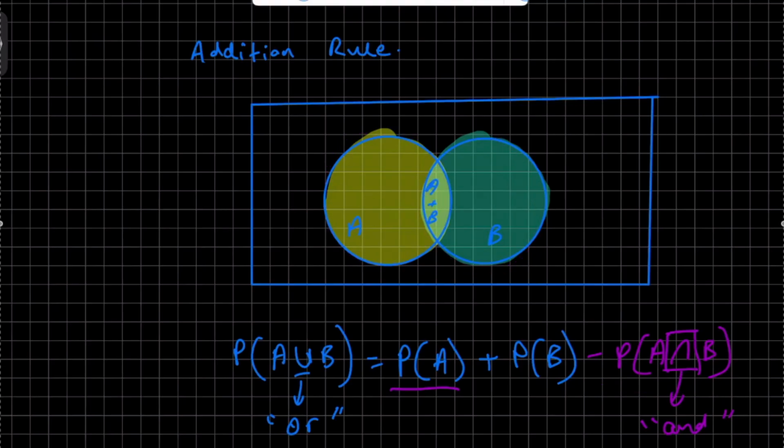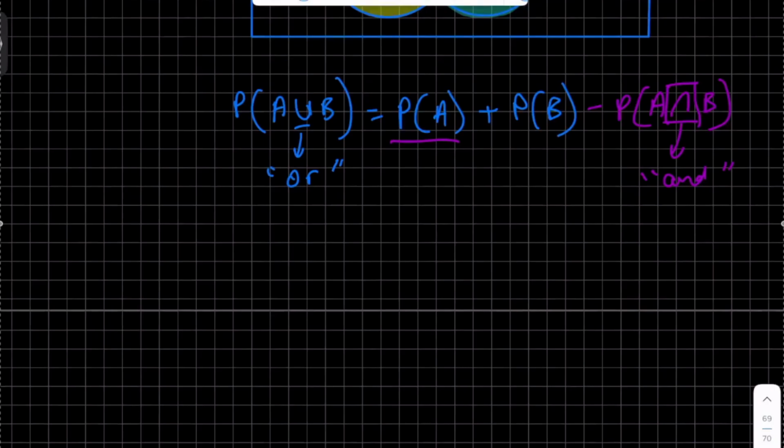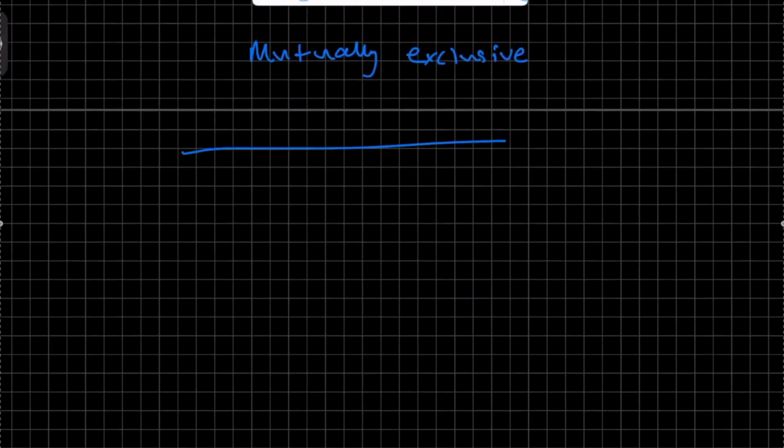Now, events aren't always overlapping. These non-overlapping events are what we call mutually exclusive. For example, two mutually exclusive events may be Taylor Swift performing in Melbourne and Taylor Swift performing in Brisbane. Both things can simply not happen at the exact same time.